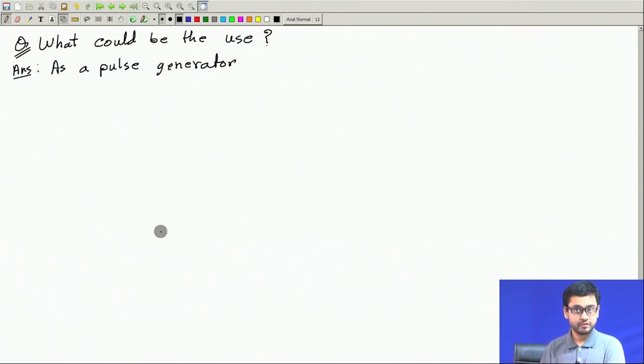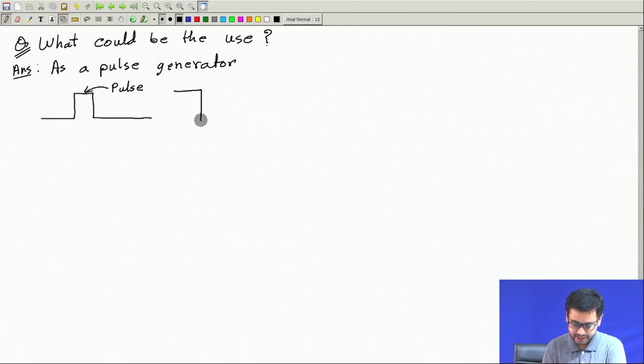What is a pulse? First of all, what is a pulse? A pulse is a voltage like this. So this is say initially 0 and for a brief while it goes to positive. So this is called a pulse. Similarly, this can also be a pulse, a negative pulse.